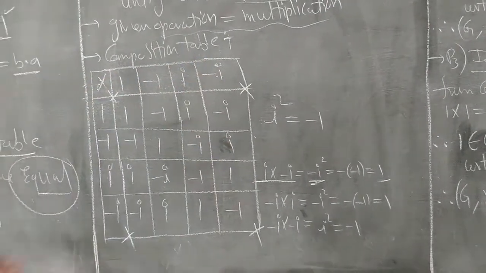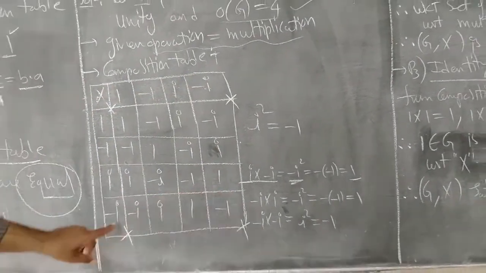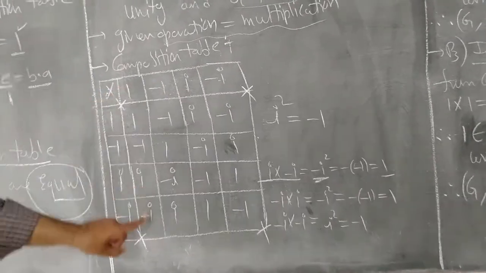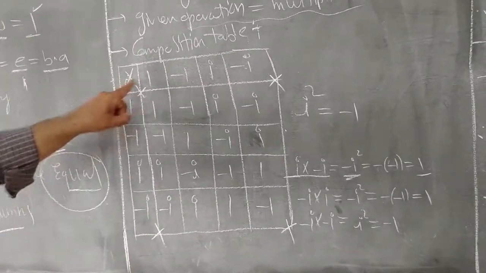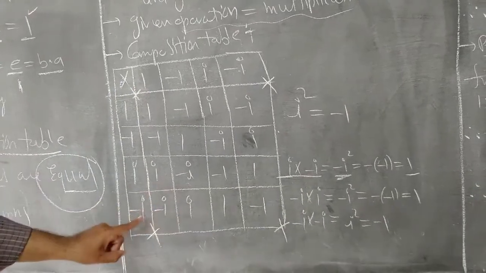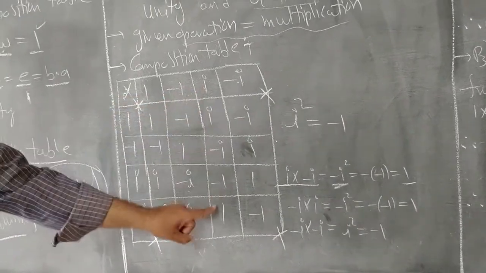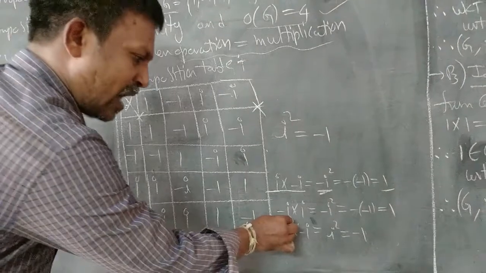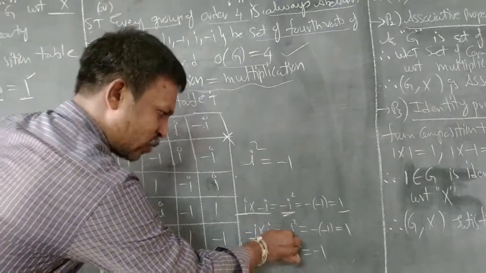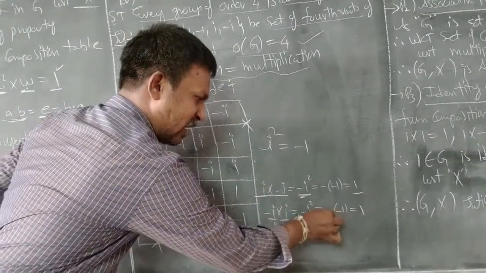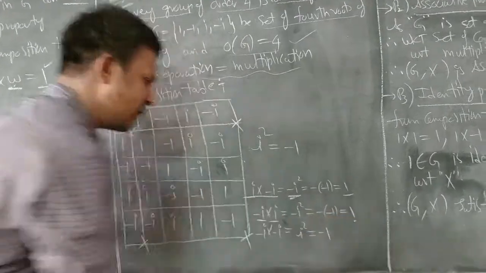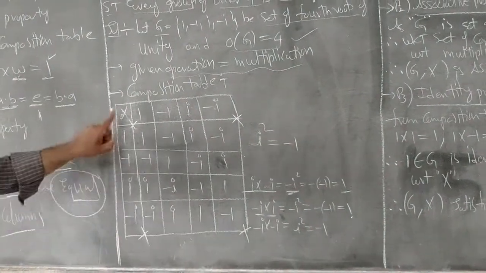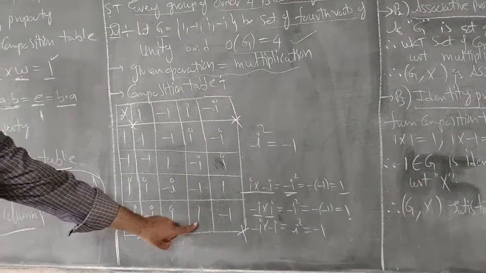Let us enter the fourth row elements. -i into 1 is -i, -i into -1 is i, -i into i is, see here again, -i square, which is -(-1), therefore -i into i is 1.